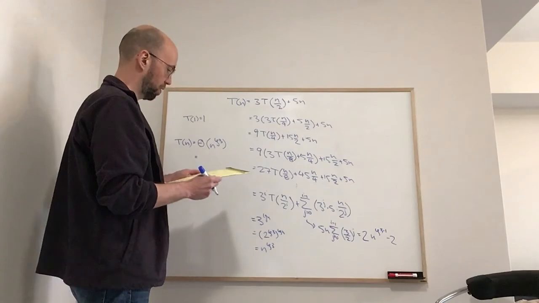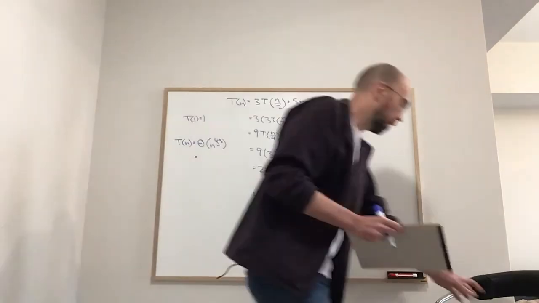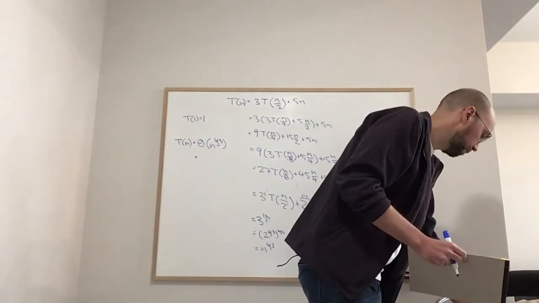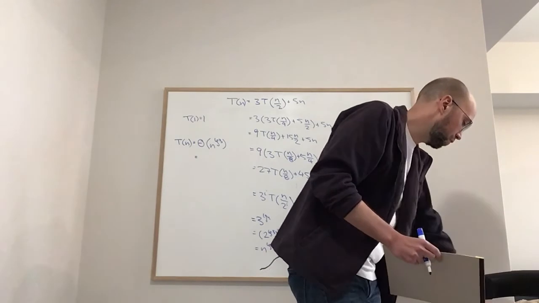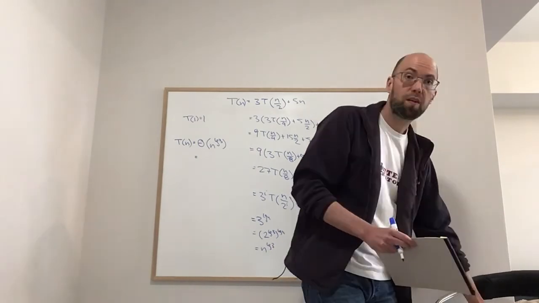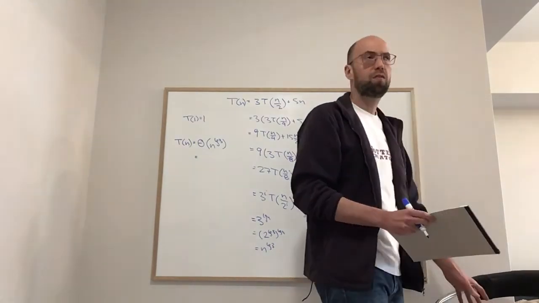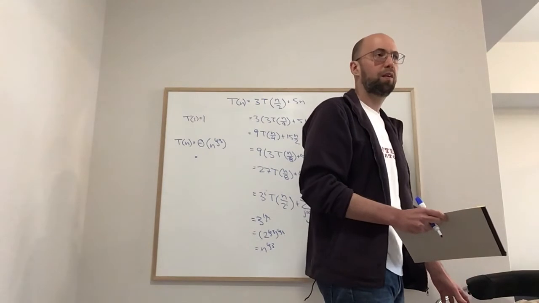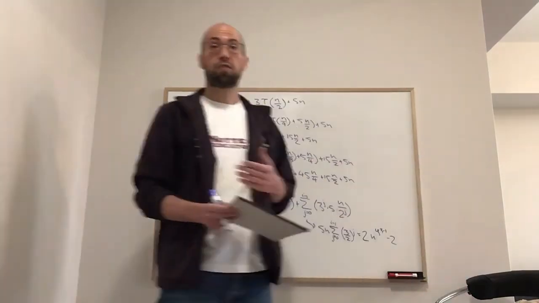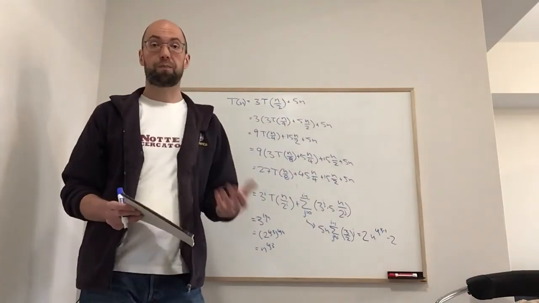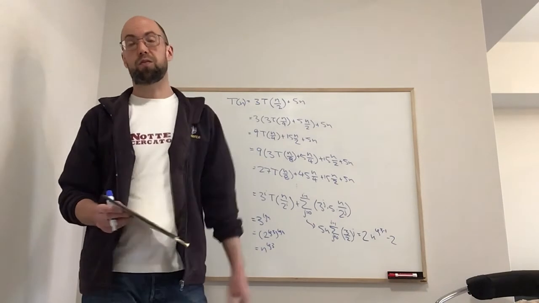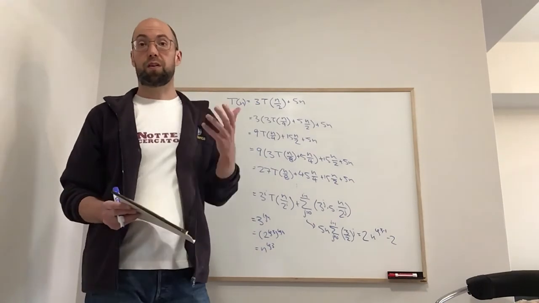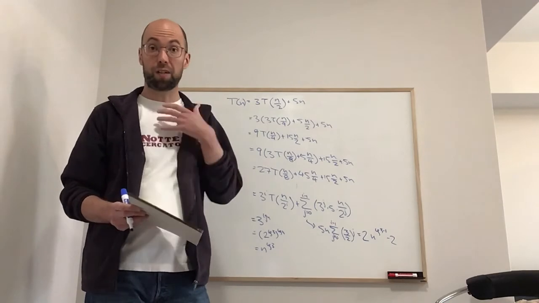So n to the log 3 is slightly smaller than 2. I think it's 1.8 something, but it's smaller than 2. So Karatsuba refuted Kolmogorov's conjecture.